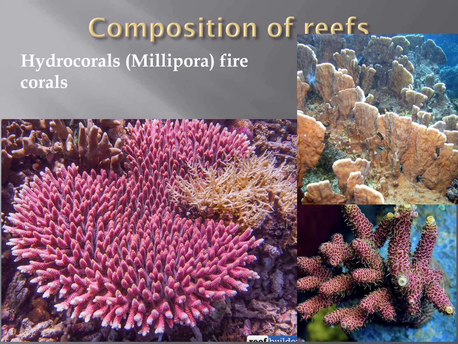We have the Millepora, the fire corals. They'll have different morphs, like these little fingers that pop out, and other ones like so. Kind of fingers off of a plate on the one on the left, and then the big fingers like Alcyonium here, and then some of these other ones, I don't know what you'd call them, like shoehorn type corals.